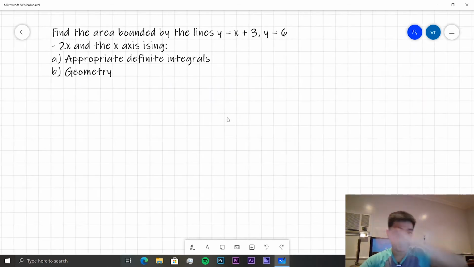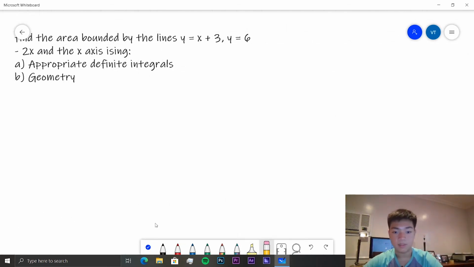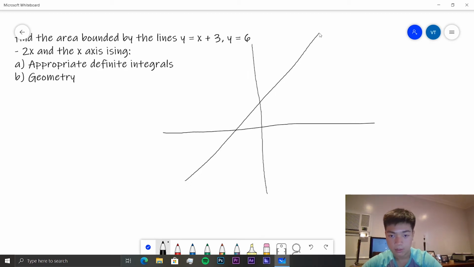So what would this look like on a graph? Let's try and sketch this out. So y is equal to x plus 3 would look like this. y is equal to 6 minus 2x would look like that. So we're getting this area here, it seems.